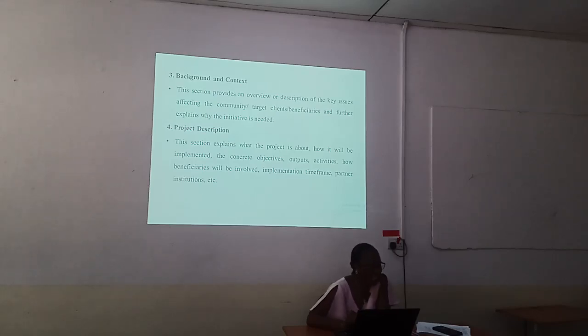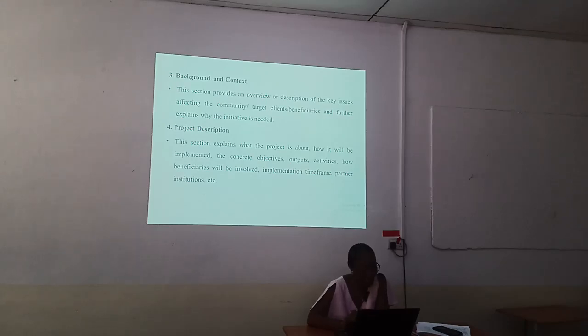So it's like you are explaining what the community needs, the gap within the community. You need to explain it for the target beneficiaries. So the key issues affecting the community, what is affecting the community that you are targeting, and why the initiative is needed. Because definitely there is a reason why you want that problem to be solved.